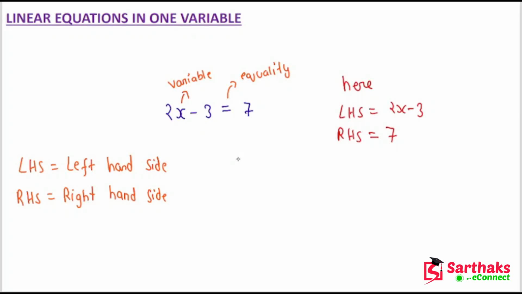I hope you all got the point. Now where does this equality hold? That is, is it true that 2x minus 3 is equal to 7? Because x is an alphabet, a variable, we do not know the value. Yes, it can be true, and when the equality holds we will have LHS equal to RHS, and the value of x for which this equality holds is called the solution, which we are going to study in the next lecture.